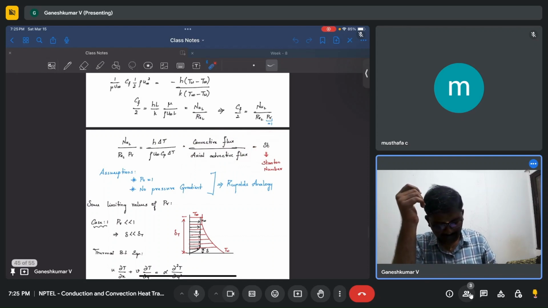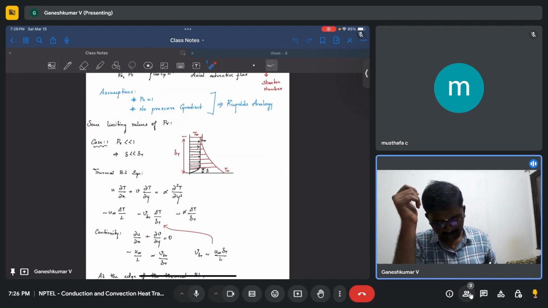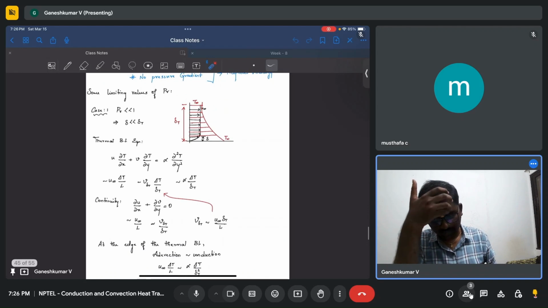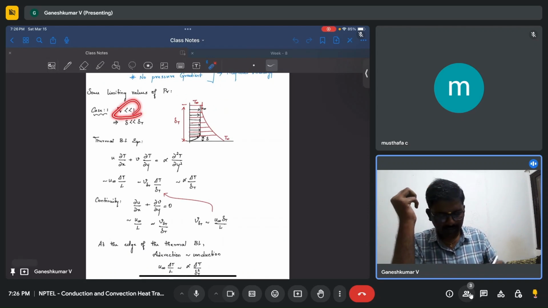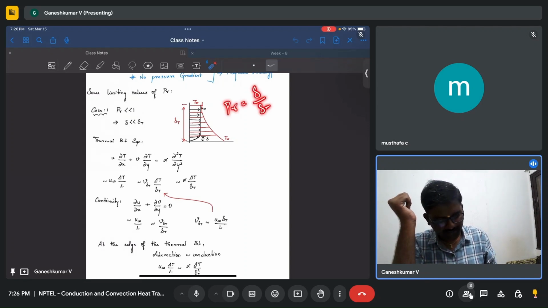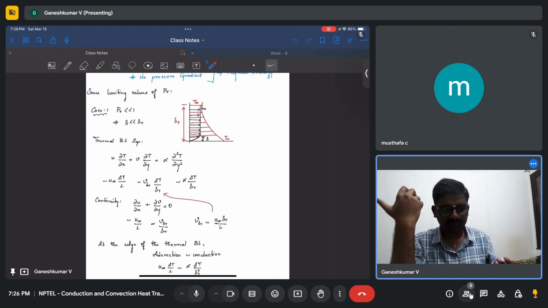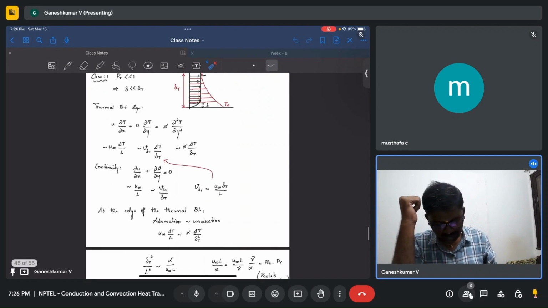Okay, so these are the assumptions we made, and now we know that as we said, the Prandtl number is nothing but delta by delta t. If the Prandtl number is very much less than 1, then delta is very much less than delta t, and otherwise vice versa. So now you have this thermal boundary layer equation.